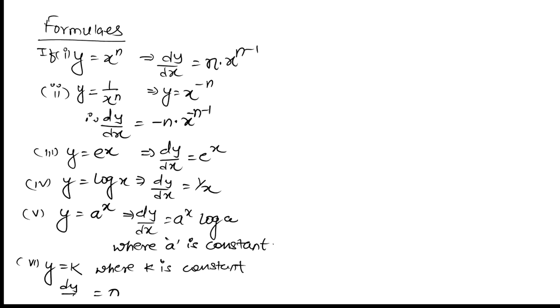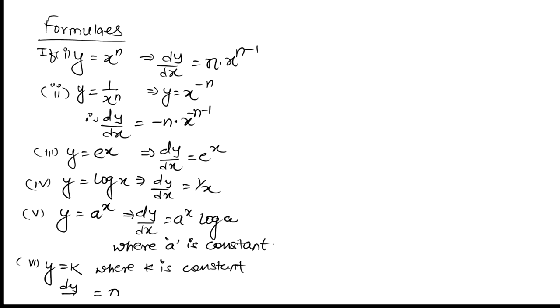I need to take x to the power n from the denominator into the numerator. So that gives me x to the power minus n. Had it been 1 upon x to the power minus n, then it comes to the numerator and it becomes x to the power n. So the sign of the power changes whenever it moves from denominator to numerator.